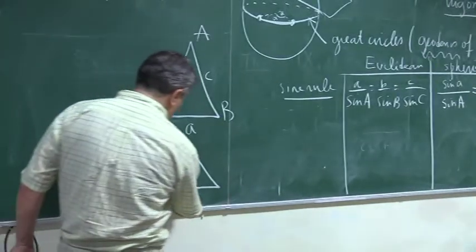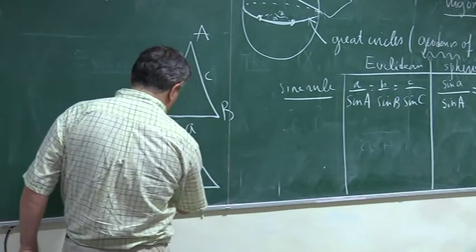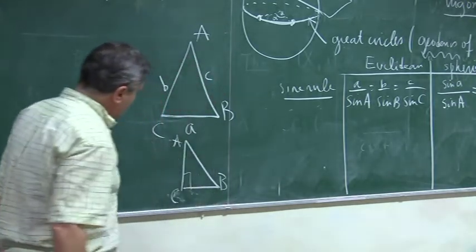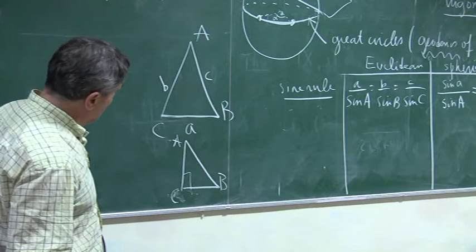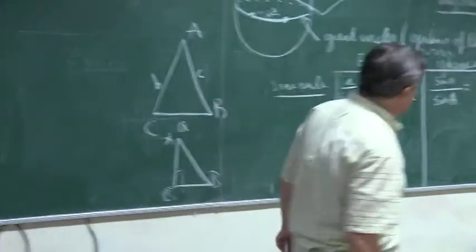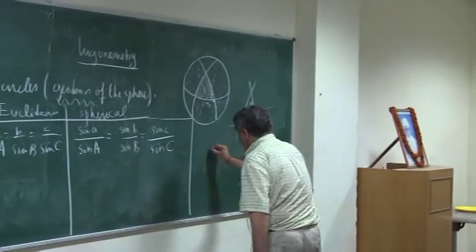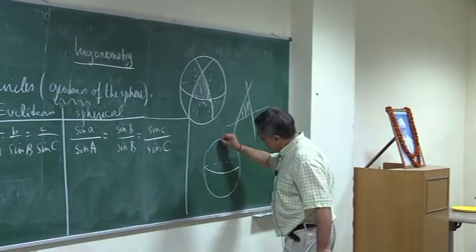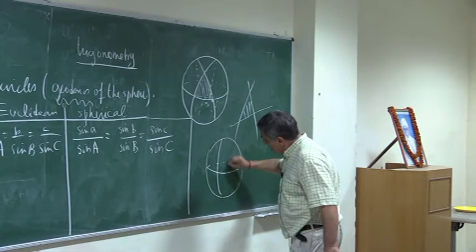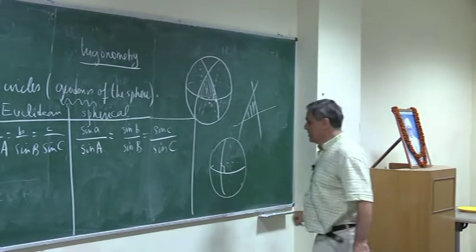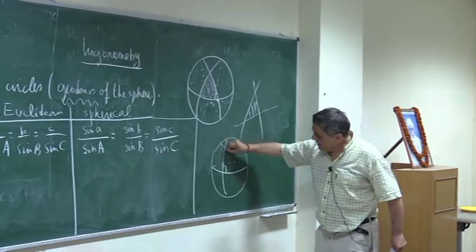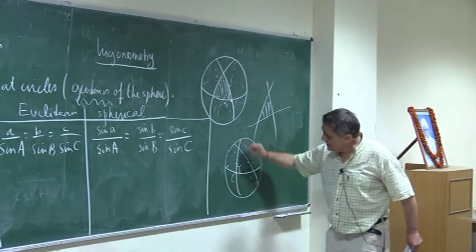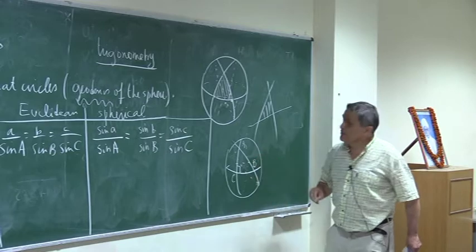For a right triangle, I have A, B, C, and the right angle at C. So this would be here on the sphere. I have a right angle here, and then this is C, this is A, this is B.